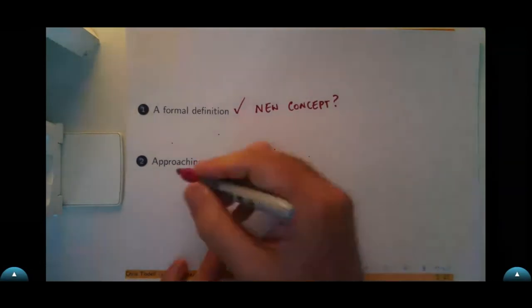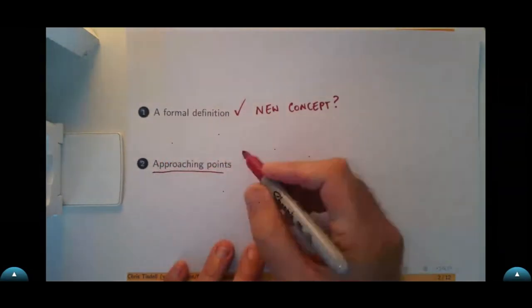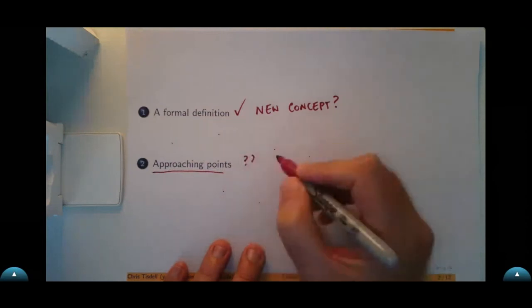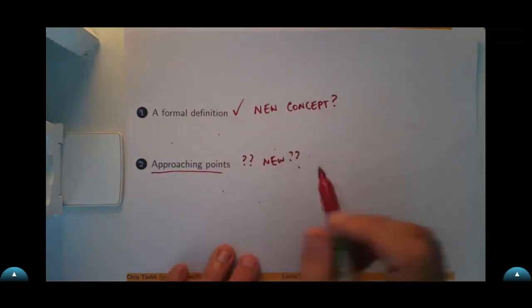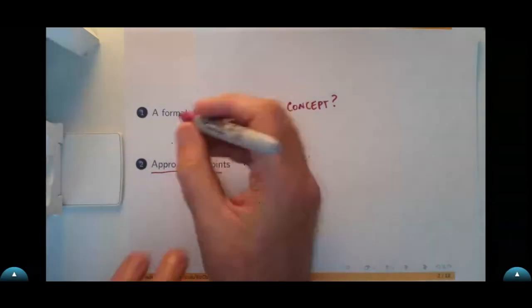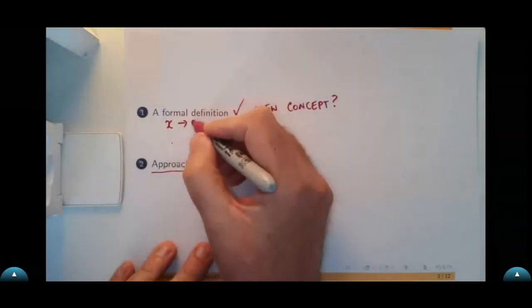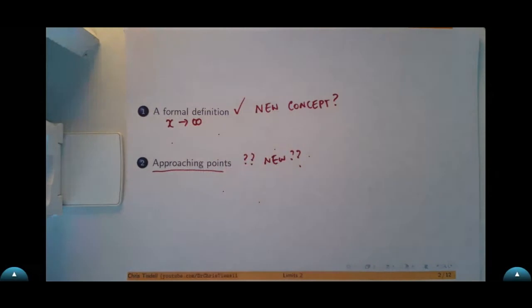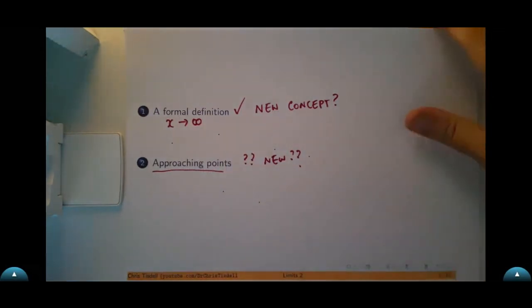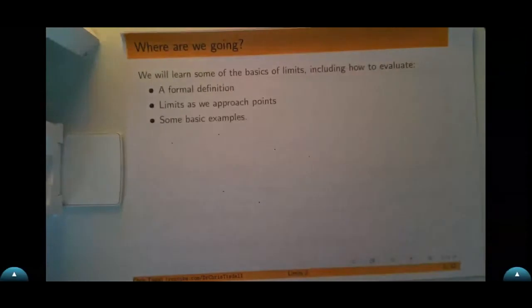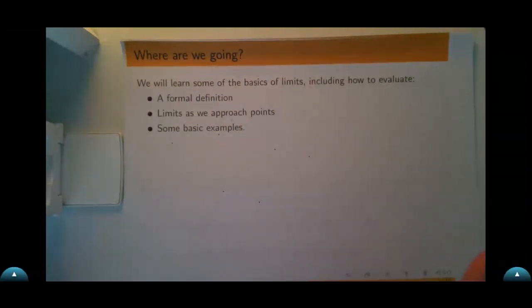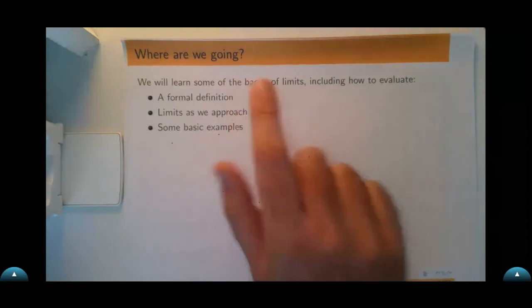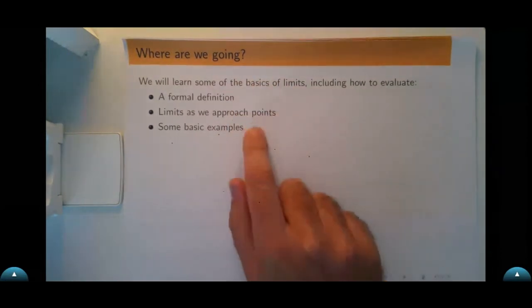Up here, we're approaching infinity, and down here we're approaching finite points. So formal definition, limits as we approach points, and some basic examples.